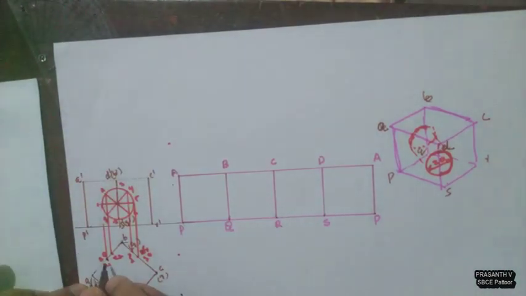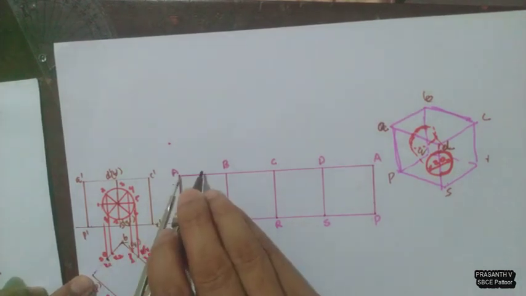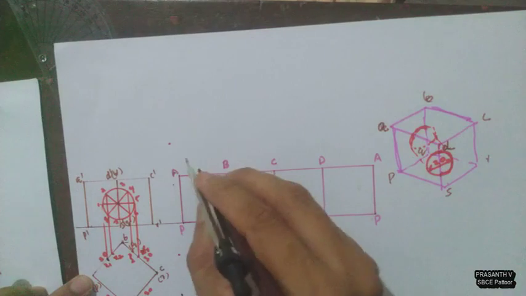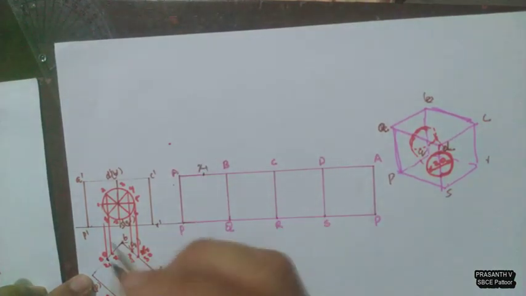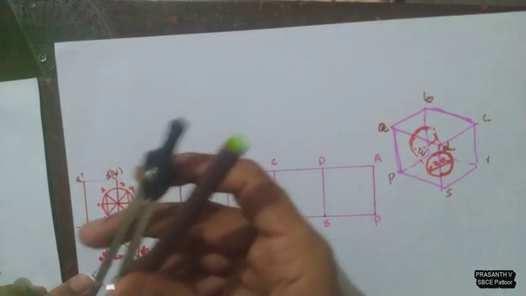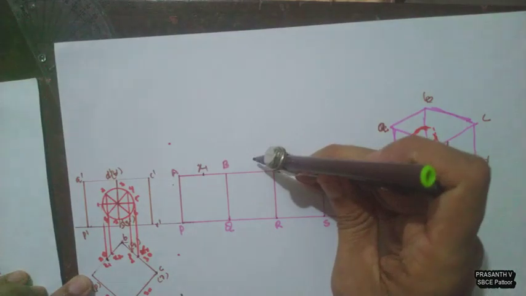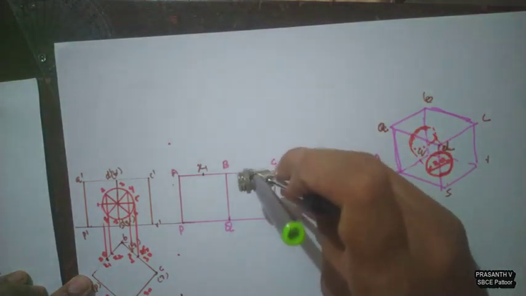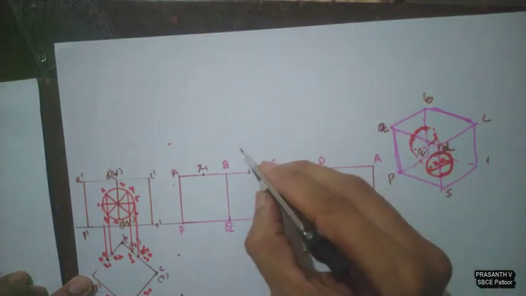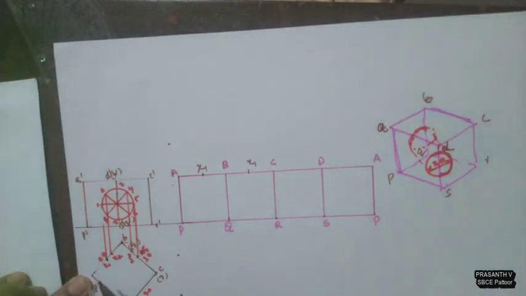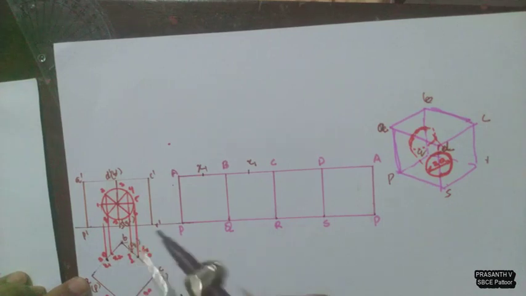Always remember, I am putting compass here at A. A to x1 take the distance and mark it here. So I have x1 here. Similarly, if I mark C to x1, it will be the same distance. From C I can mark another x1. So I mark 2 x1 from A to x1 as well as C to x1.